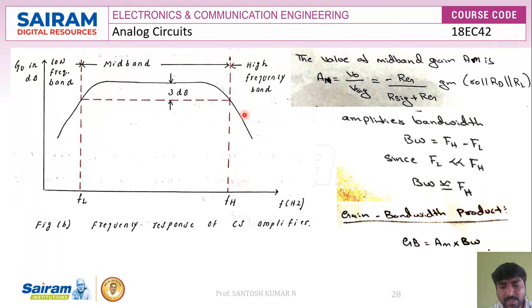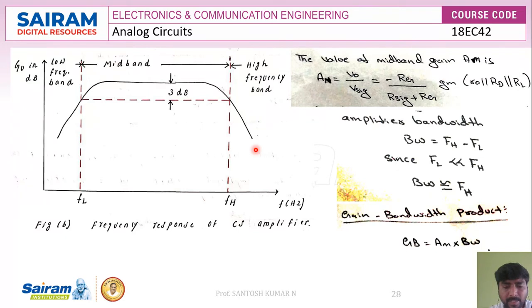Even though they are very small, their impedance decreases at high frequency. This decrease in impedance means the capacitance no longer acts as an open circuit. Hence, the gain will roll off at the higher frequency because of the internal capacitance.